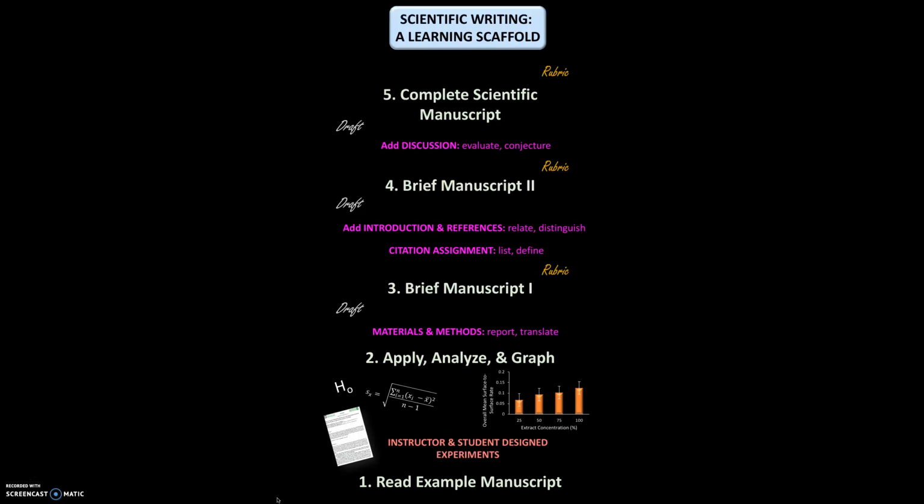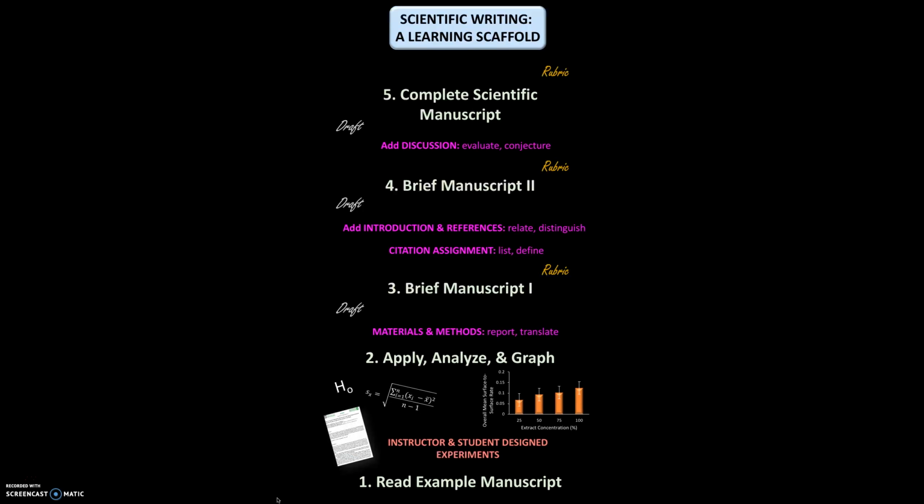Brief manuscripts allow students to learn 1 to 2 sections at a time to reduce their apprehension. Opportunities to submit drafts for each manuscript exist, and I provide detailed comments on these to increase student learning. And finally, a rubric is available for students to see precisely how their writing is assessed.